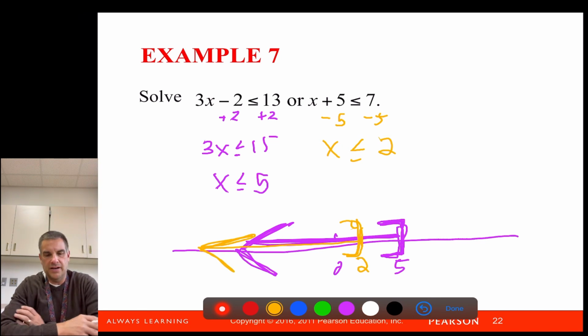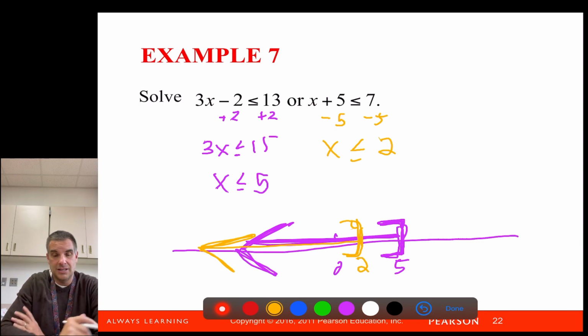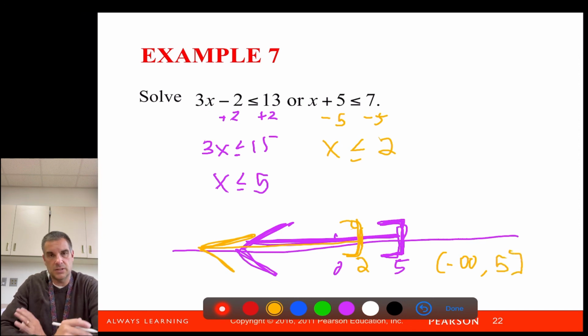But now what you have to remember is that your solutions in an or statement are the ones that are in it. So because the 2 is encased in there, our solution for this is going to be from negative infinity to 5 in this one. It's one of those odd ones that don't always go out from each other. That's what I want to look for, but it doesn't always happen.